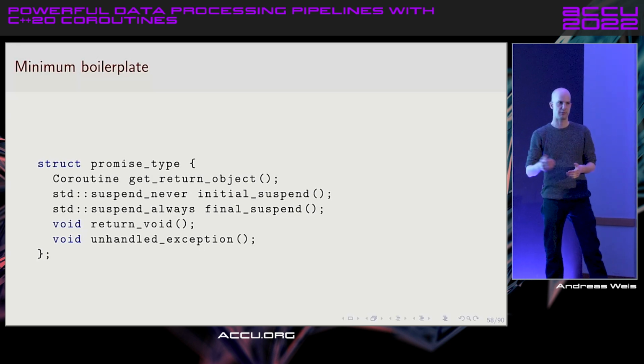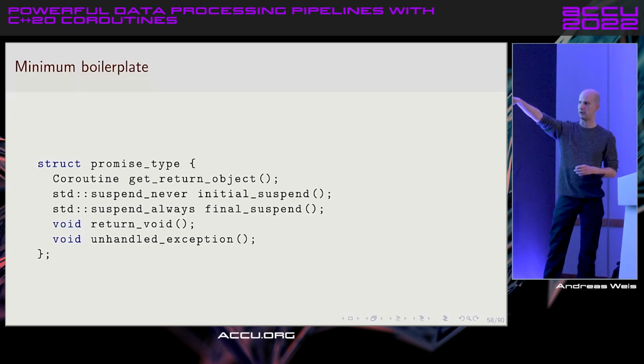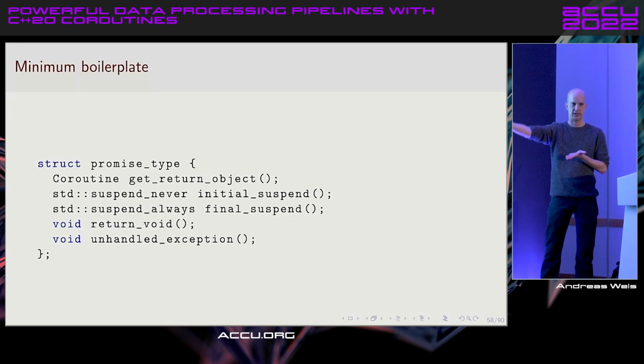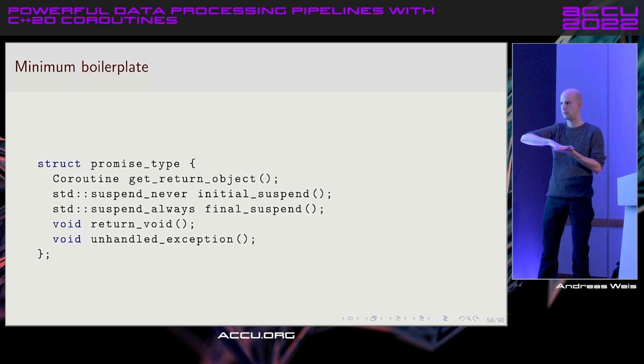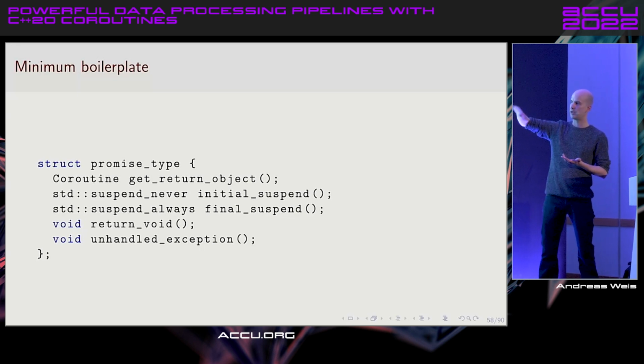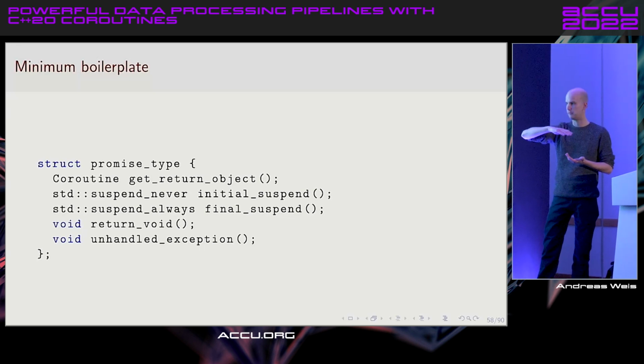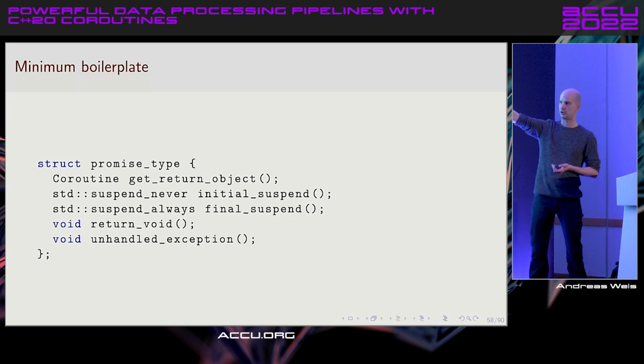The simplest way to implement this is by returning one of those special awaitables, suspend never or suspend always. So in this case, when the coroutine starts, we're not going to suspend, it's going to start executing right away. But when control flow falls off the end, like by reaching the co-return, then I'm actually going to suspend.